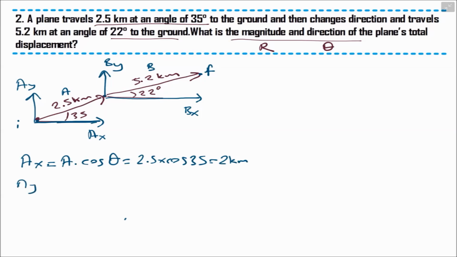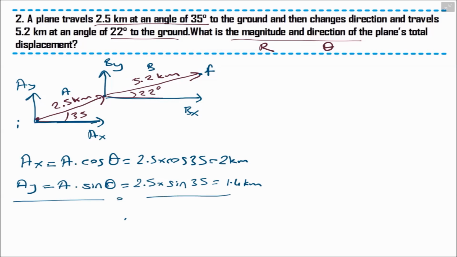And the AY equal A times sine theta. So it will be equal 2.5 times sine 35. So this will be equal 1.4 kilometer.